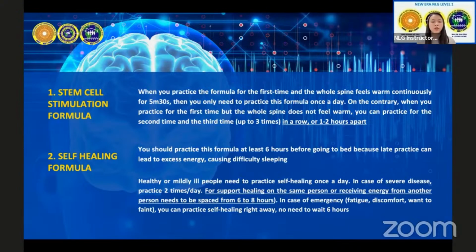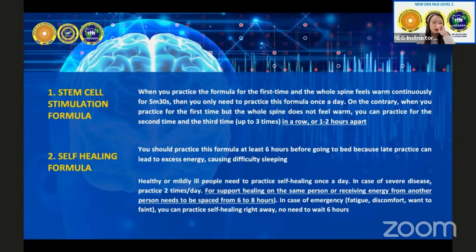And then you wait for 5 minutes. And if you still can't sleep, you practice the breathing technique again. And then you wait for 5 minutes. And if you still can't sleep, you do another session. Usually people are able to sleep after the first or second session.